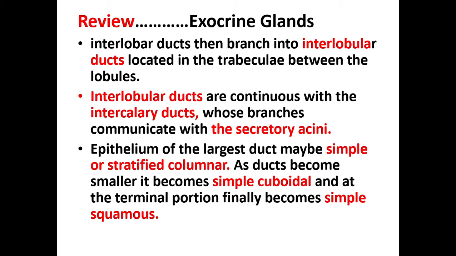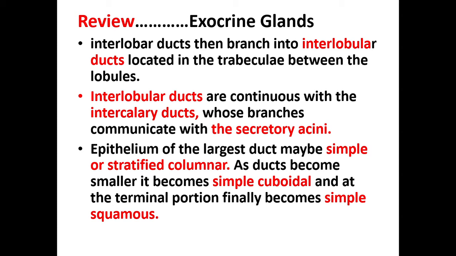From the interlobar ducts, it may branch into interlobular ducts located in the trabeculae between the lobules. From the interlobular ducts, these are continuous with the intercalary ducts whose branches communicate with the secretory acini.